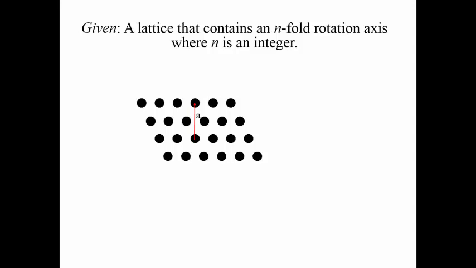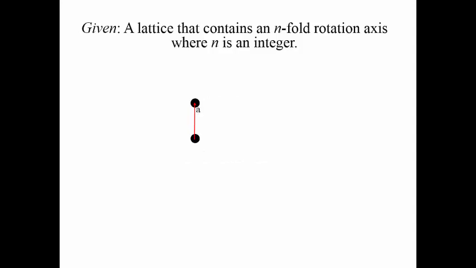We'll connect any two lattice points to produce the lattice vector A. Since we don't want to prejudice ourselves, let's get rid of the rest of the lattice and just consider this vector A, with an n-fold rotation axis around every lattice point, but specifically around this one, and see where we can go when we start examining that.